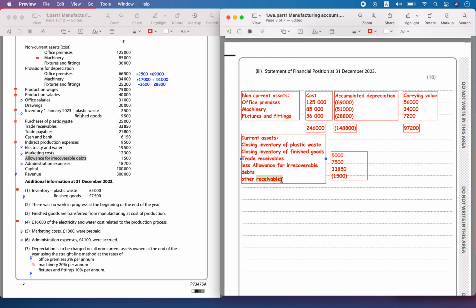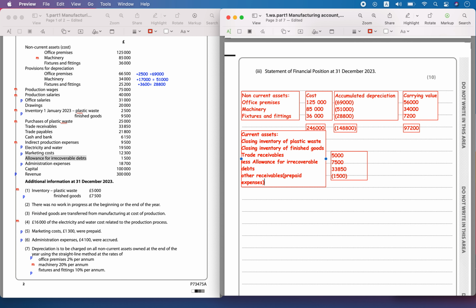The prepaid expense had become other receivables. So that's around 1,300.